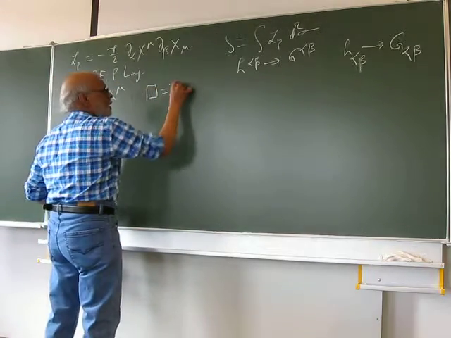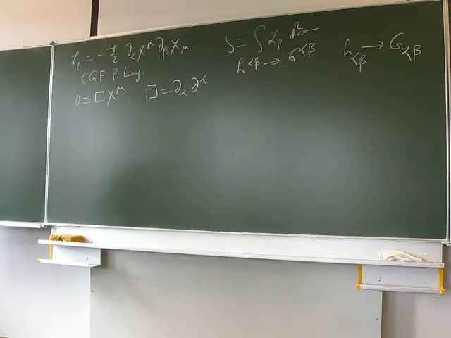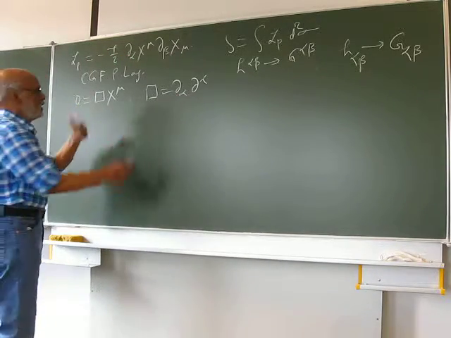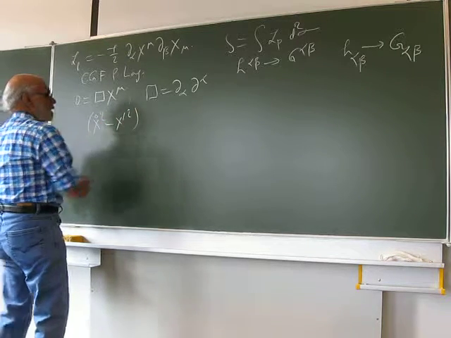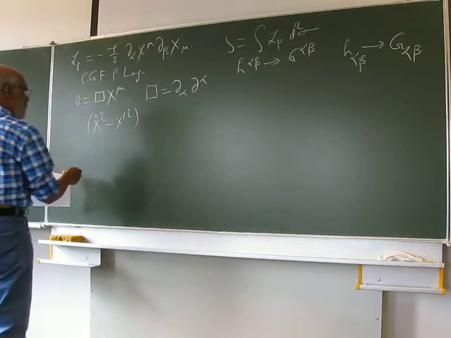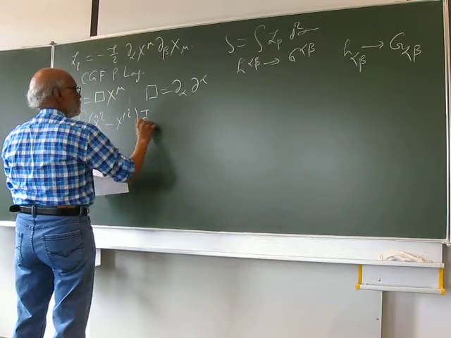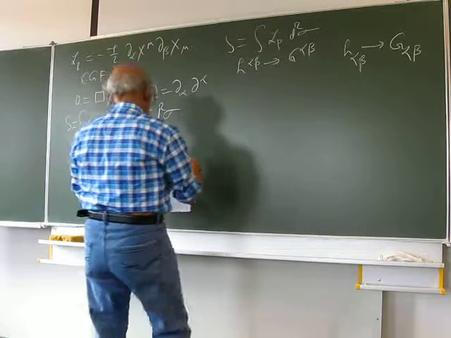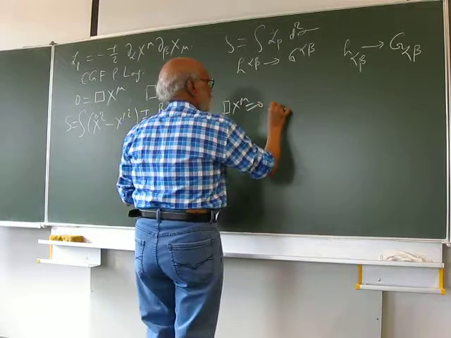This is the D'Alembert, and so you could write it either in terms of X double dot and X prime squared, and d2 sigma, and here you write down this equation of motion equal to 0.